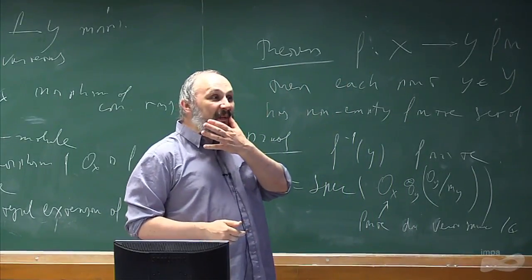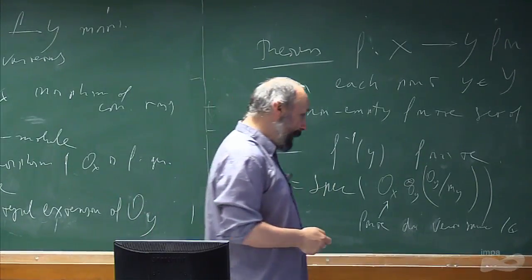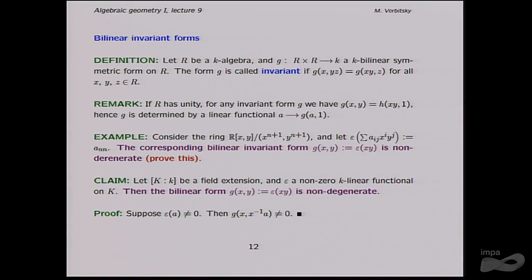So I don't think I need from Galois theory anything except for this primitive element. I'm not sure I would be able to finish it today, but at least I will give you most of it. Okay, now bilinear invariant forms.